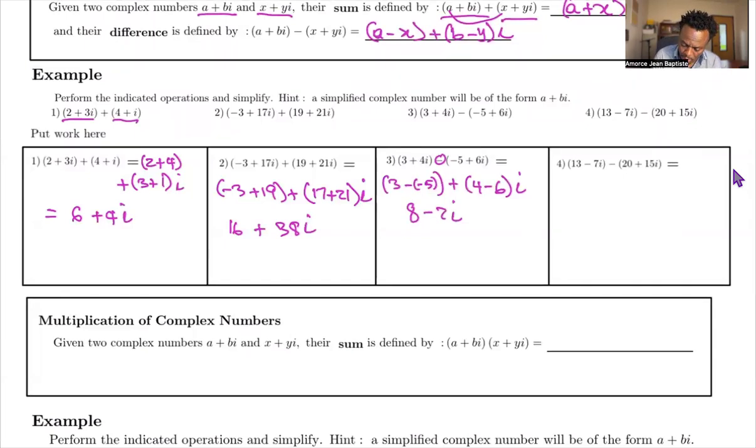And the last example here is 13 minus 7i. It's a subtraction. So that's 13 minus 20 plus negative 7 minus 15i. So this is negative 7. We got negative 7 minus 15 is negative 22i.